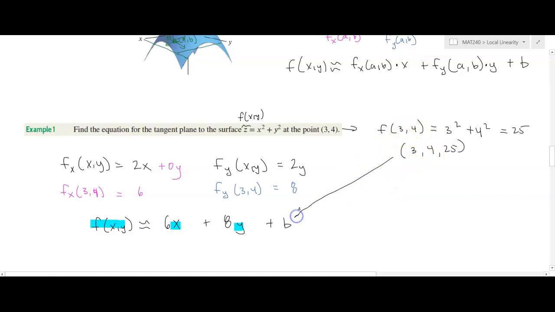So I'm going to use that to help me find the value of b. I'm going to put in 25 here, put in 3 for x, put in 4 for y, and isolate the value of b. And if I do that, I am going to get a b value of negative 25.